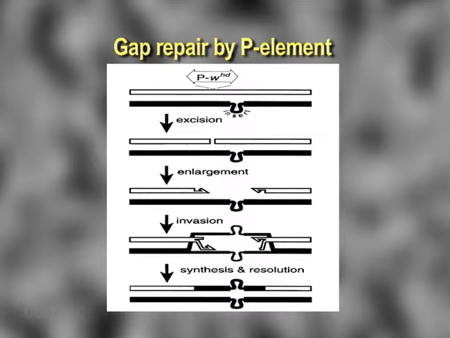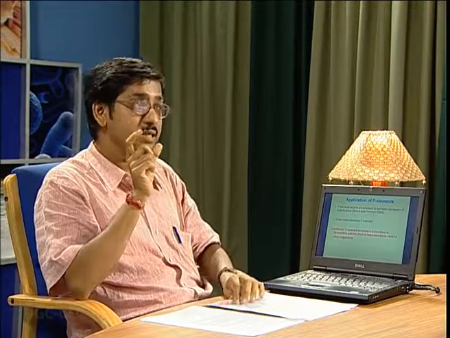So I make a P element vector where the sides are similar to gene A. Now when this P element vector gets inserted at the region of gene B, the template of gene A will be used for gap filling. So at the end of the day, gene A is sitting in the locus where gene B was present. This will lead to proper gene replacement. Whether it's a total gene replacement or not depends on the design of the vector.